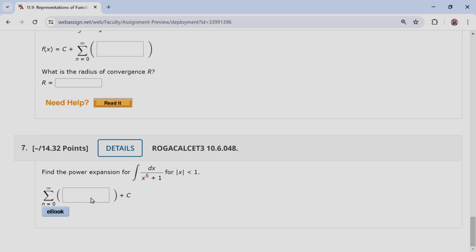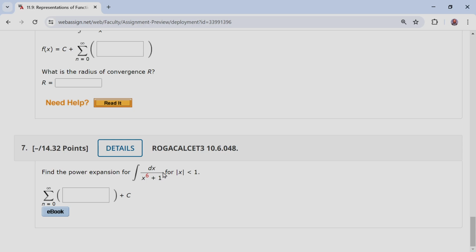So thinking about that within a series expression, you would have the sum from n equals 0 to infinity of x to the 6n with a factor of minus 1 to the n in front, because every other term was negative. It's an alternating series.